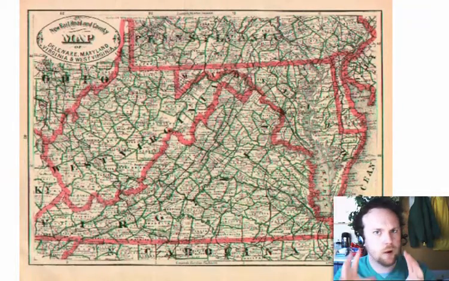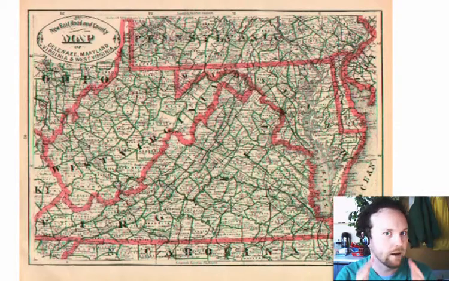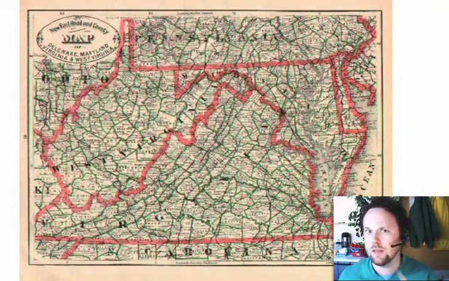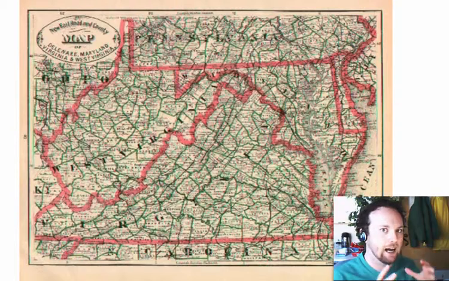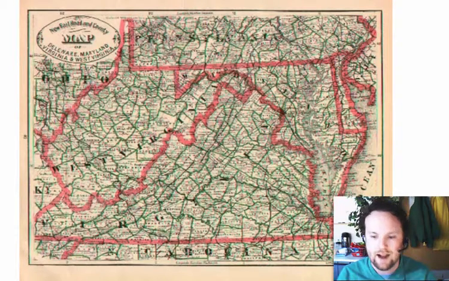So I want you to try and put yourself in the position of somebody living in one of these border states. How do you think you would have reacted? Honestly, I think it would be hard to try and choose a side if I lived in a state that was divided like that. For instance, let's take the state of Virginia.